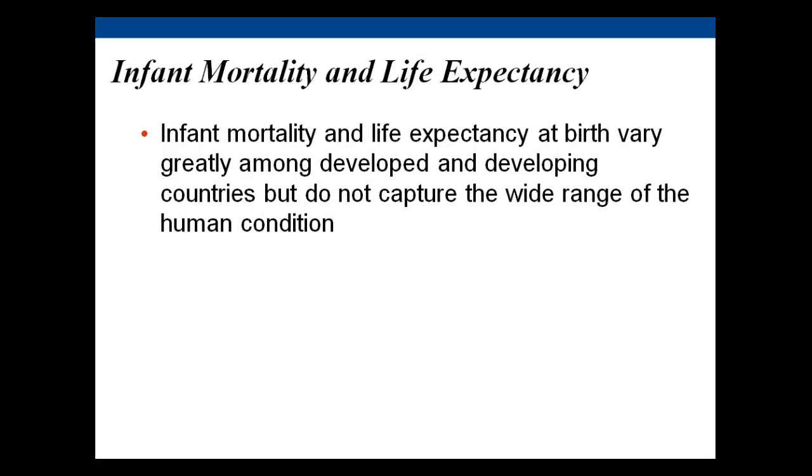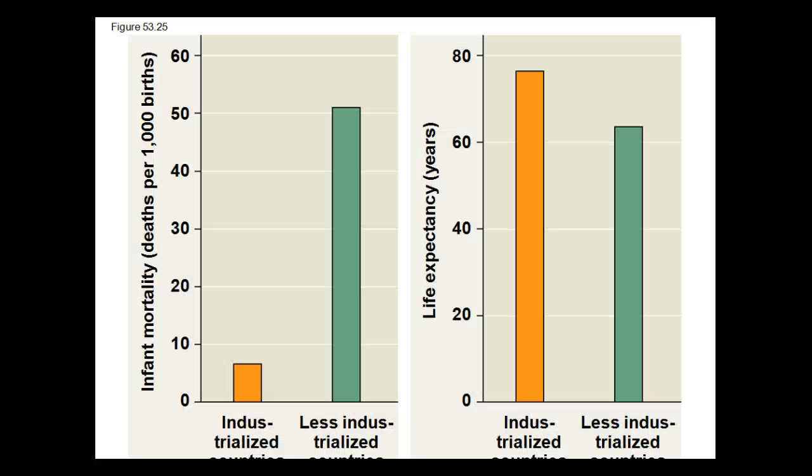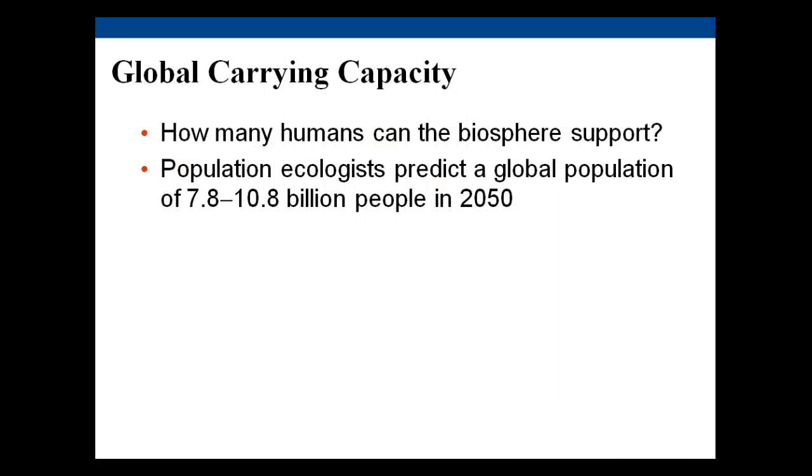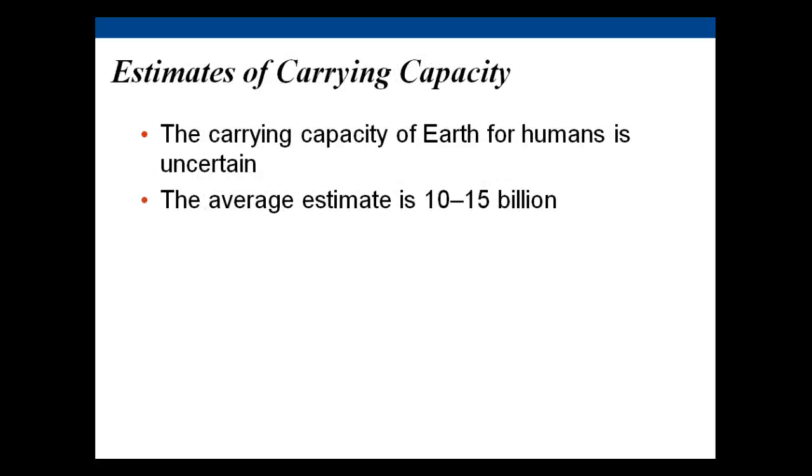And infant mortality and life expectancy can be different even in certain countries depending on their quality of life, less industrialized versus industrialized. The better health care you have, the more likely that the young will survive and the old will survive at that. So global population, they're thinking about 7.8 to 10.8 billion by 2050, which is really interesting.